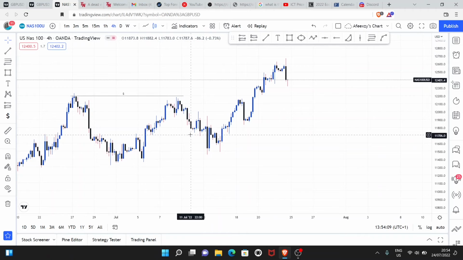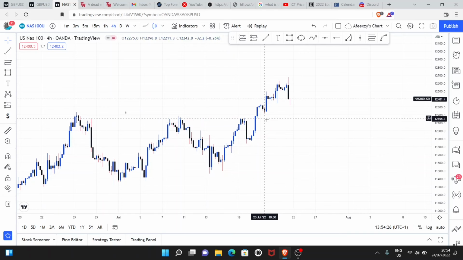Then this was a nice pullback. A continuation high. But here is what I'm seeing. After it cleared this high, we were seeing a very bullish move since then. But let me go to the 1-hour time frame to see what really happened in clearing here.